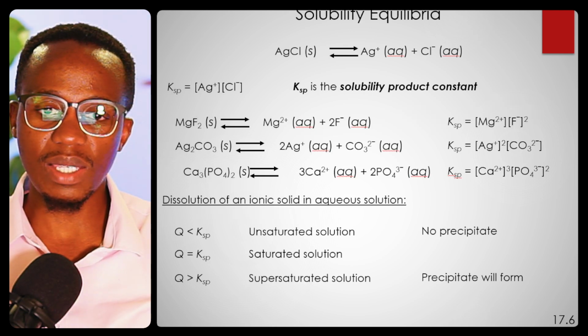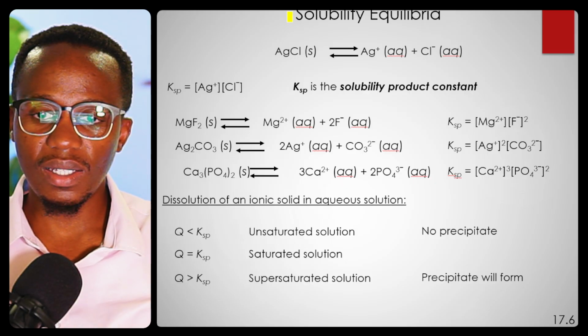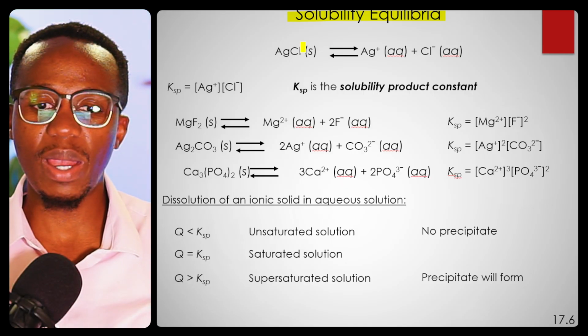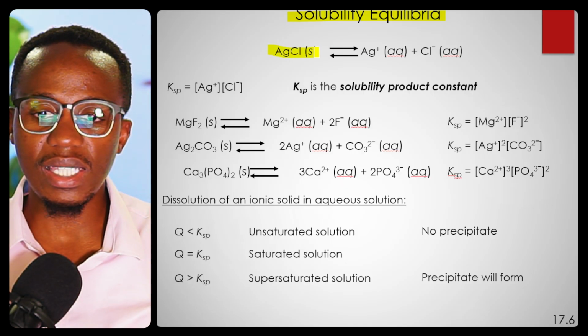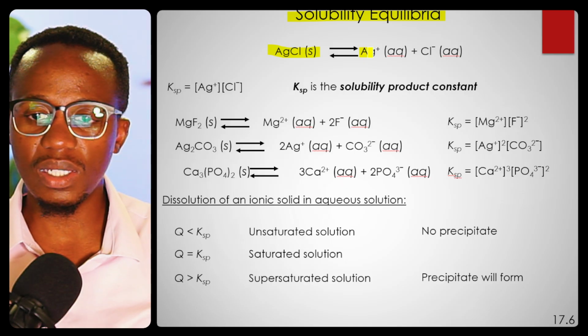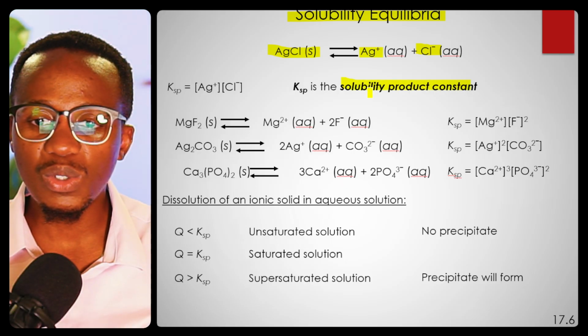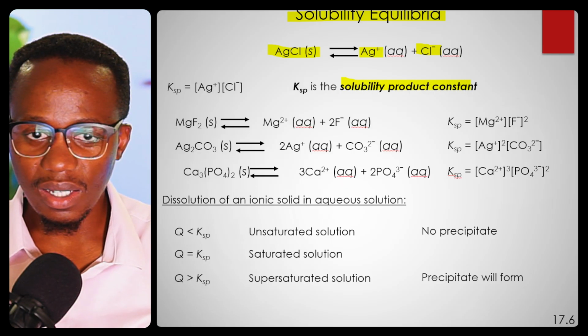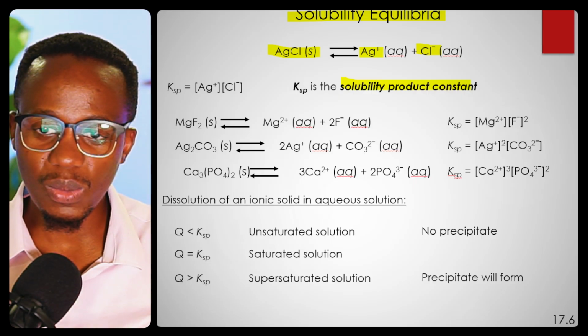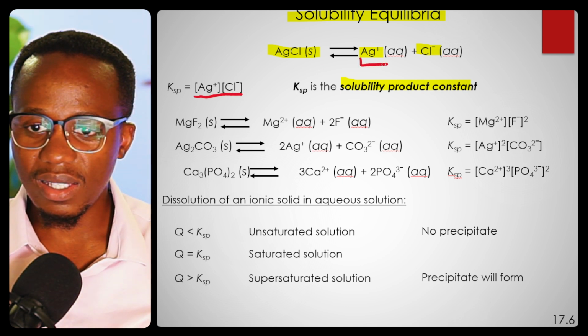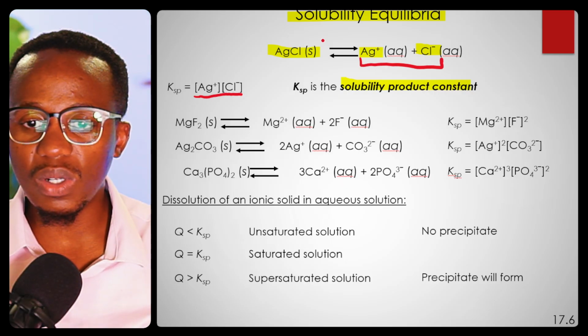So as you can see, you have solid gives you aqueous solution, and that's important because there is equilibrium when it comes to solubility. What do I mean by that? If I take AgCl, this is another salt that's solid, gives you Ag plus with Cl minus, right? The solubility product constant, this is a constant that has to do with solubility, is going to be the product of the concentrations of these products, right?